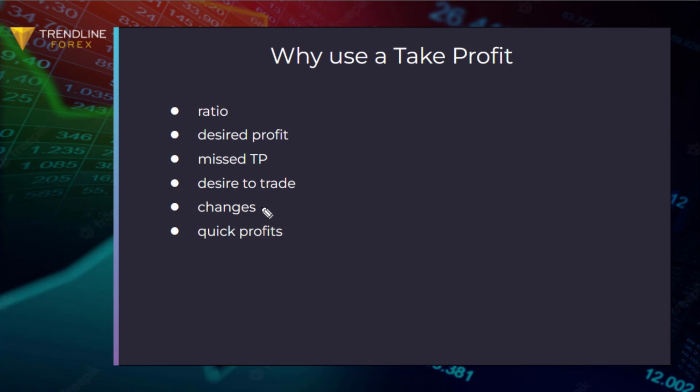Also, every time you set up a take profit and then you change it, in most cases, that's also a mistake. And also quick profits. What I mean by that is basically entering and exiting trades in a short period of time, which in most cases gives you a negative risk to reward ratio. That's when you open a trade and then 10-20 pips after that you close it just because you've made some profit and you're scared not to lose it.